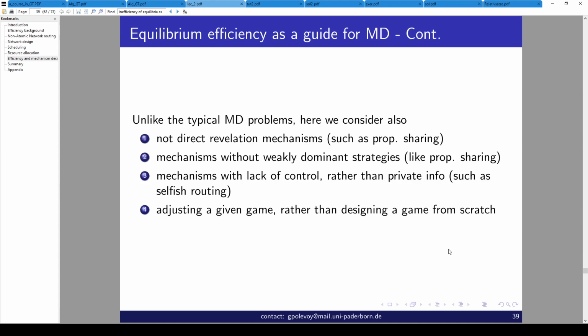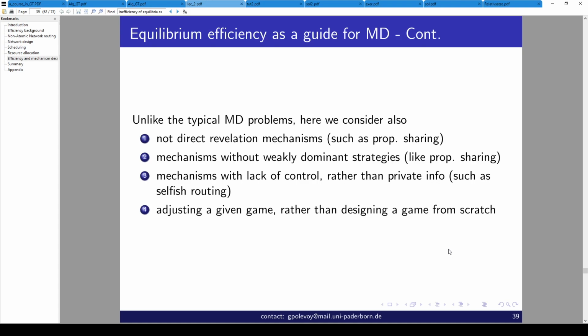And the problems we are looking at within the realm of equilibrium efficiency measures guiding mechanism design are a bit different from the typical mechanism design problems. For example, direct revelation means that you just reveal exactly everything about yourself.